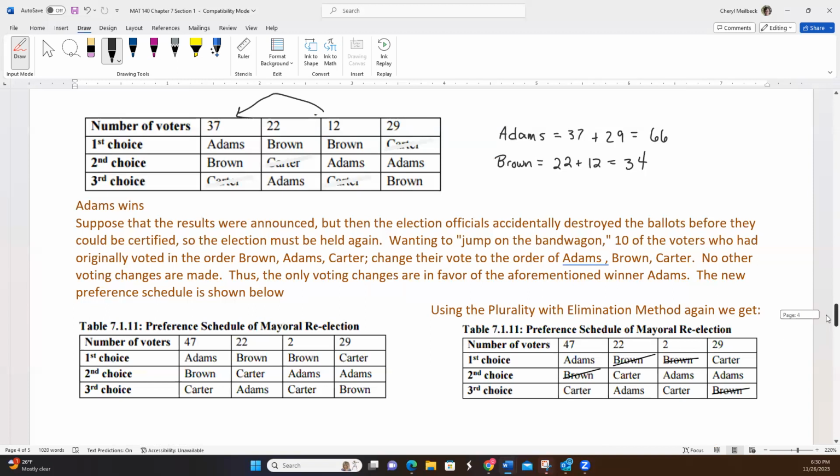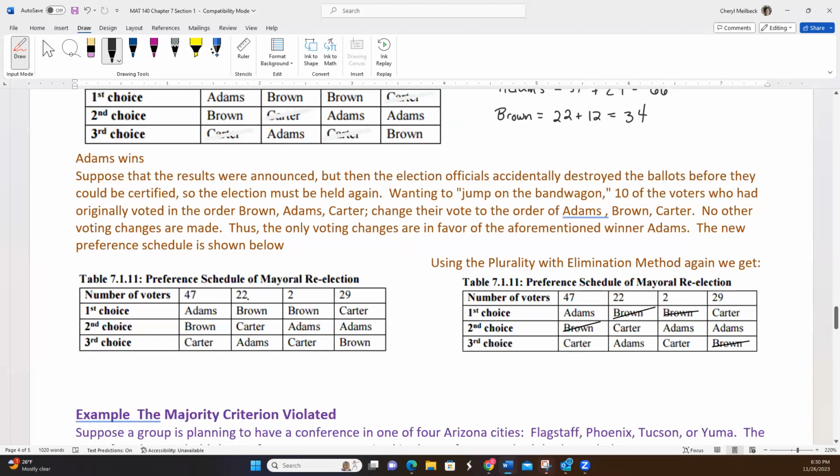So this is the new preference schedule, and Brown now has only 24 first place votes. Adams now has 47 first place votes, and Carter has 29. But when we do plurality with elimination, we eliminate the person with the fewest first place votes.